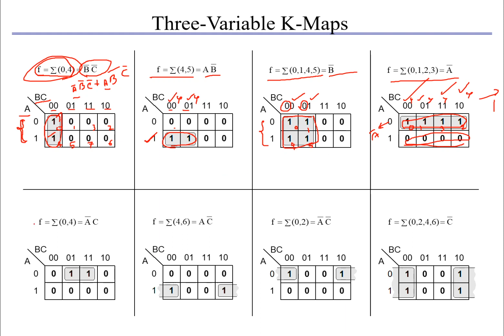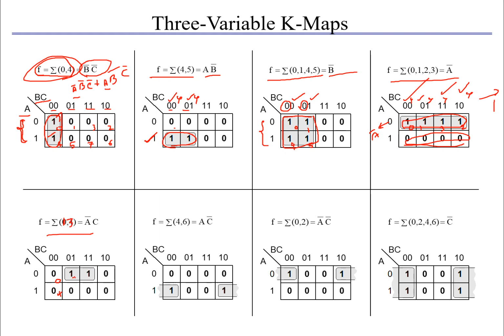And if you move on to the next Boolean function, f is equal to summation of 0, 4. See, I am writing here as 0. Sorry. See here it is 0, and then here it is 4. Actually, this question is wrong. It should be written as 1 and 3. The question here should be 1 and 3.